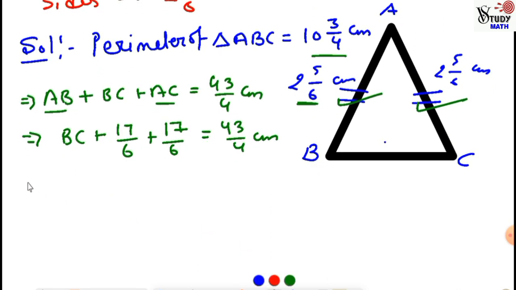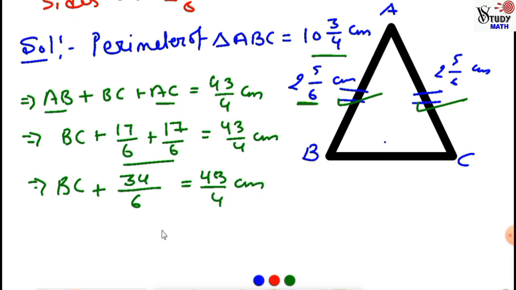Now add these two because the denominator is the same: 17 plus 17 is 34 by 6, equal to 43 upon 4 centimeter. When this value goes to the right-hand side it becomes negative, so 43 upon 4 remains positive and negative 34 by 6.